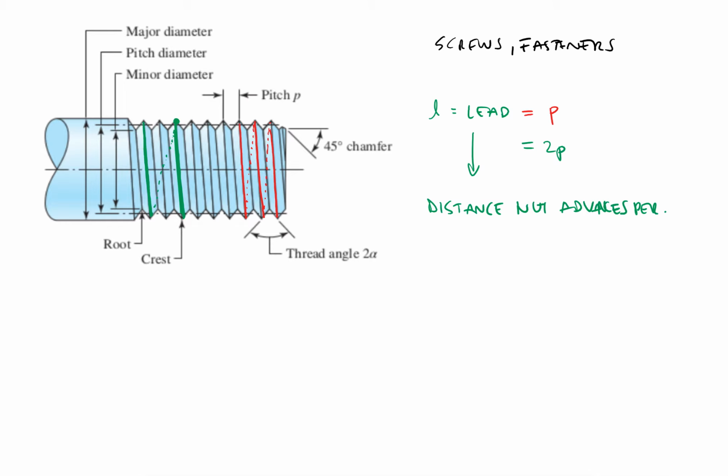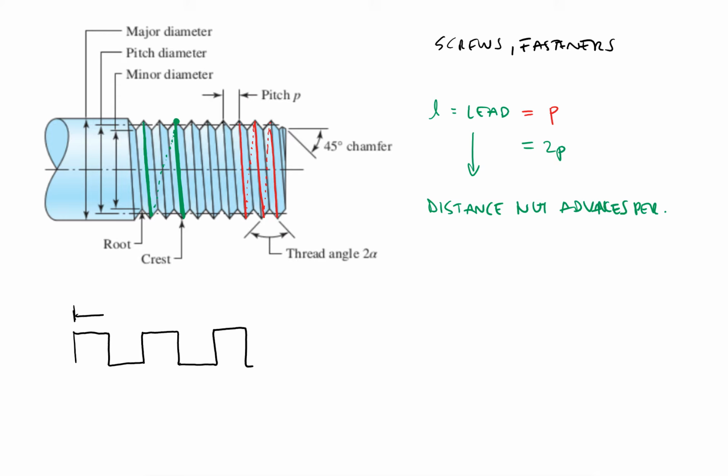All right, and not all the screws are the same. They do not all look like this. There are going to be different profiles and different shapes of the thread itself. So we can have things like squared threads, where you would see something like this for the threads. The pitch would still be the distance between one thread and the other.